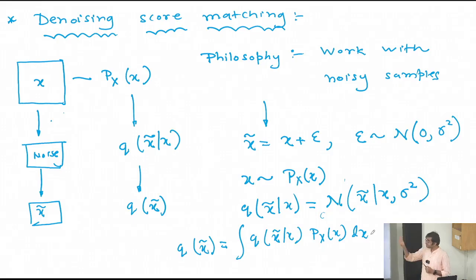You don't know P of x, but you have samples of small x, n number of samples. Each sample you take and add a noise. That you can easily do. You don't need to know P of x. Obviously, x has to be known. Otherwise, how will you learn the distribution if you don't have any data? How can you learn a distribution with no data?